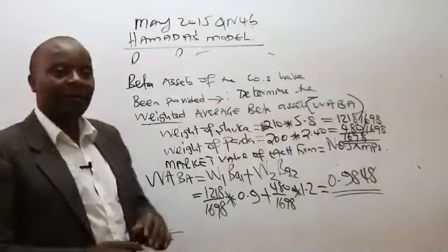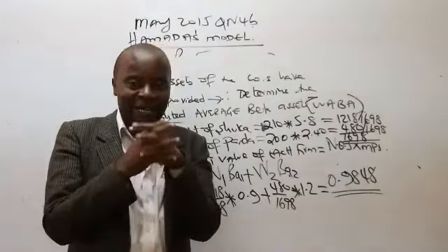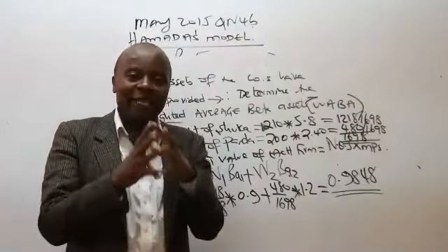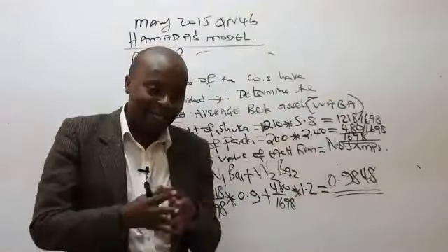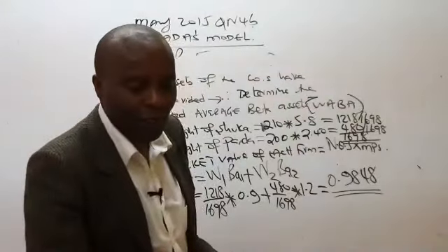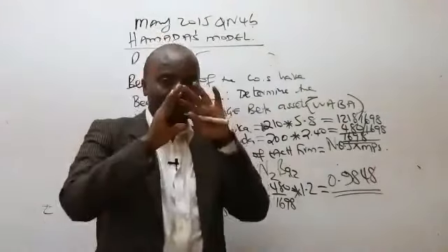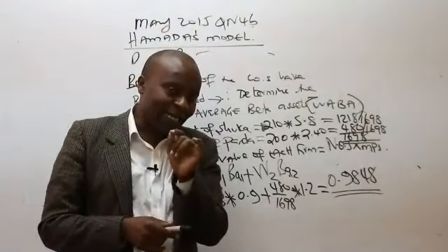The next thing, ladies and gentlemen, now that I have the consolidated beta assets, which is the same as beta assets of the combined entity, what do you want to use these beta assets for?